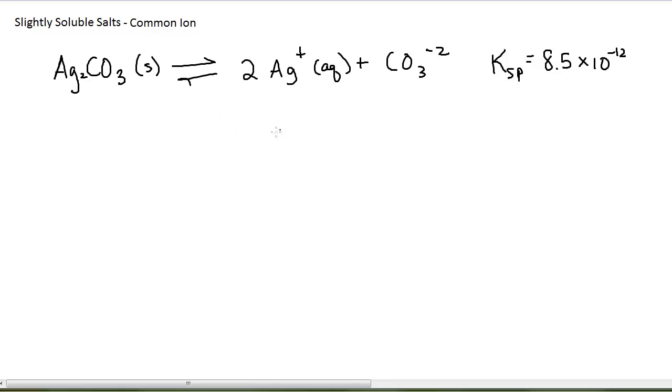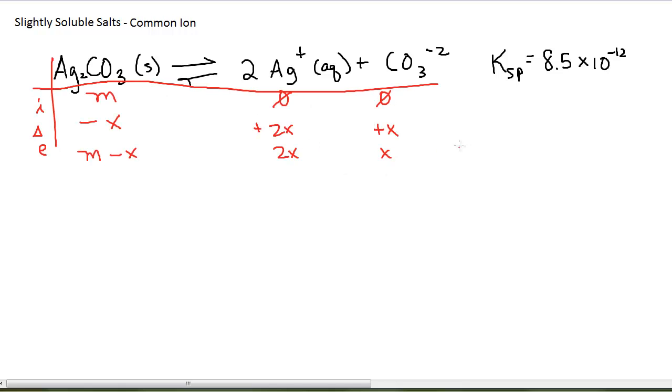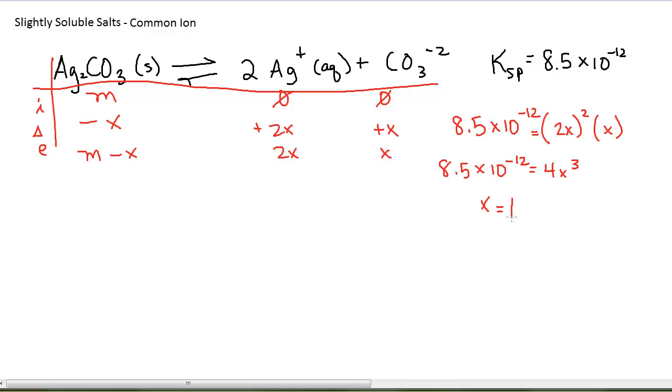If I want to know what is the solubility of this salt, the molar solubility, I would solve for it as we saw in the previous video. I would solve for X. So the molar solubility would be 1.3 times 10 to the minus 4 molarity. I could calculate the silver ion concentration, that would be 2x, or the carbonate concentration, that would be X.